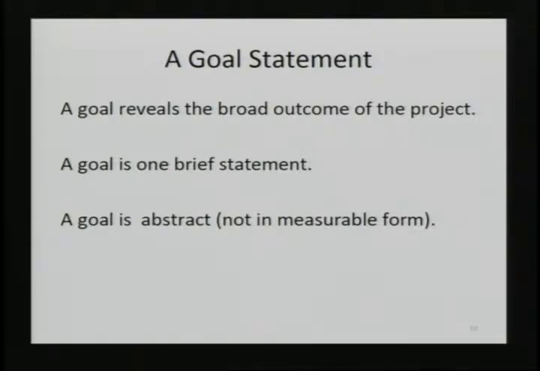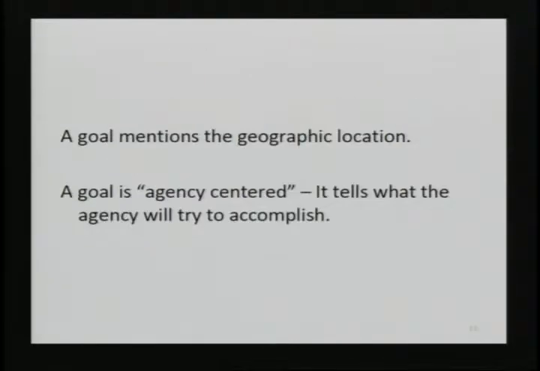A goal is one brief statement. A goal is abstract, and the main meaning of that in this context is it is not in measurable form. A goal mentions the geographic location. A goal is agency-centered. It tells what the agency will try to accomplish.